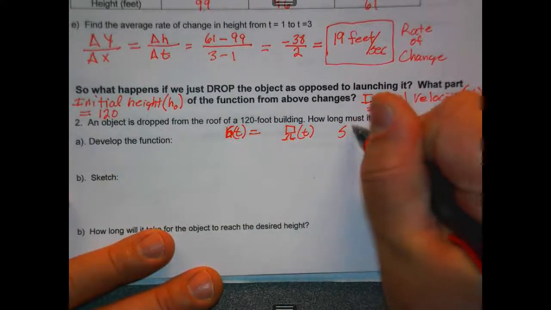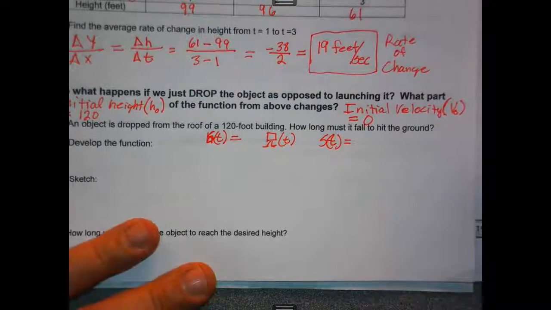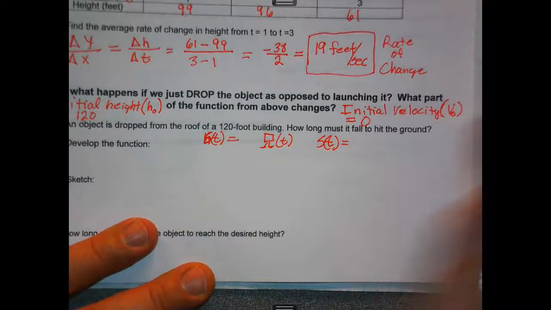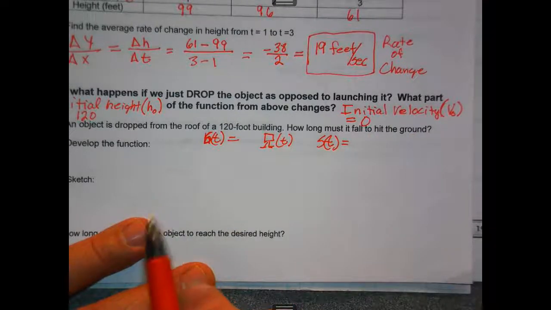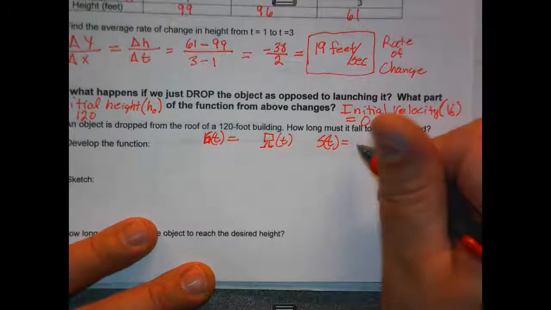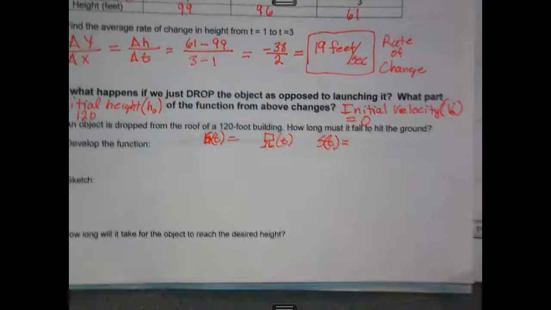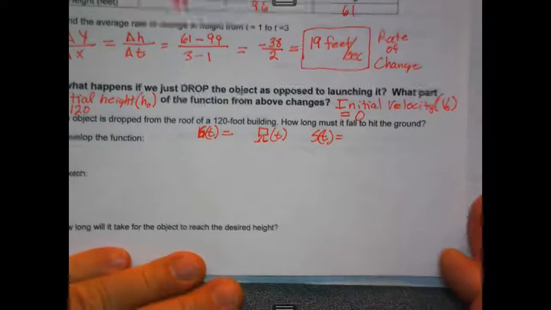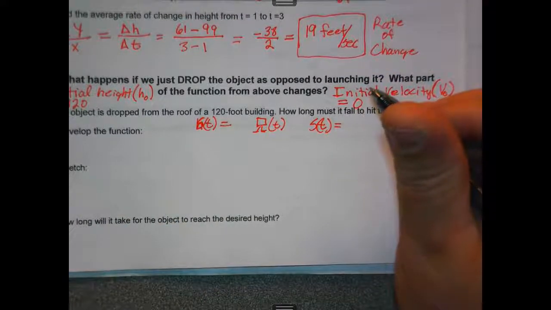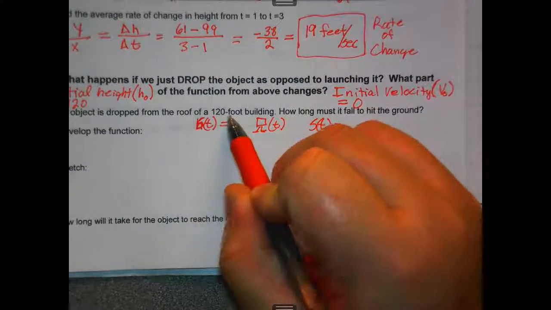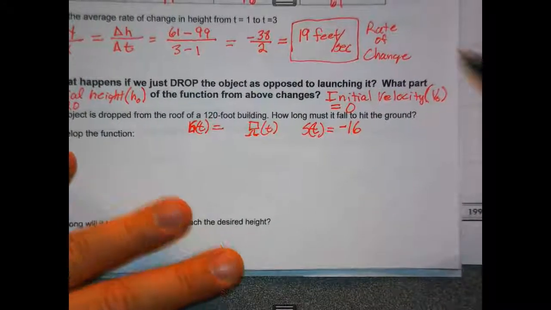Okay, so we have the s of t. What we're finding is how long it must fall to hit the ground. So we're looking for t. Okay, so the s of t equals time. All right, now we're in standard measurement because it says foot, so we have to use negative 16, right? We're not going to use negative 9.8.